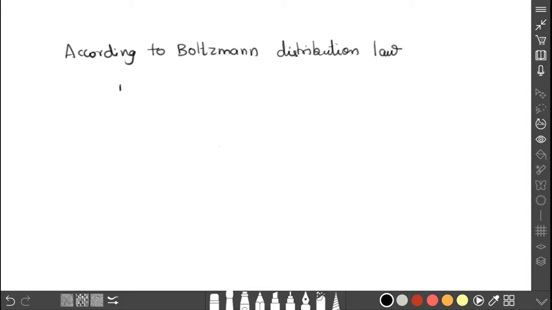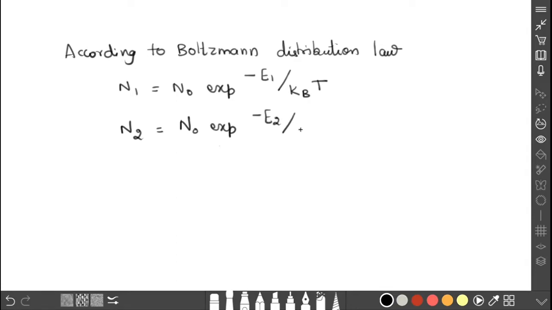N1 is equal to N0 exponential of minus E1 divided by KBT, right? And then N2 is equal to N0 exponential of minus E2 divided by KBT, right? Let me explain the terms in these equations.